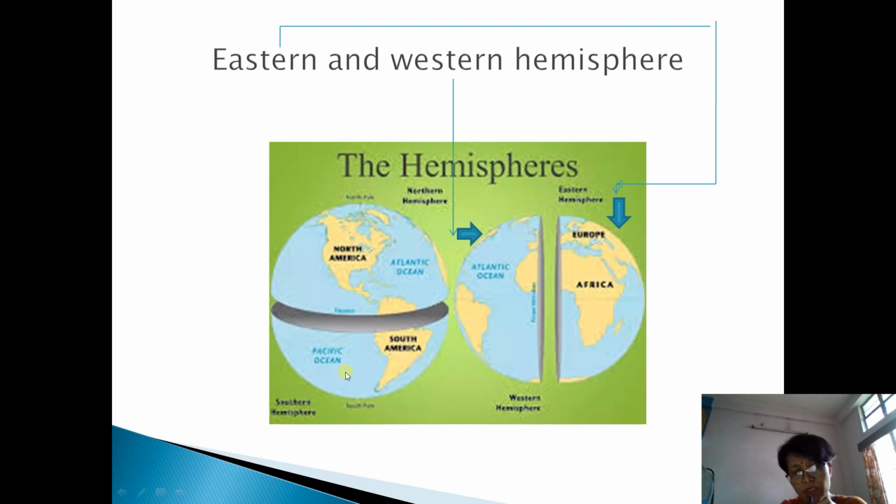This is actually the northern and southern hemisphere, which we already discussed. Now you see in the second diagram, the prime meridian in the middle, along with the opposite 180-degree meridian, divides the earth into two equal parts. The eastern side we can say eastern hemisphere, and the western side western hemisphere. I'm showing with this arrow mark.